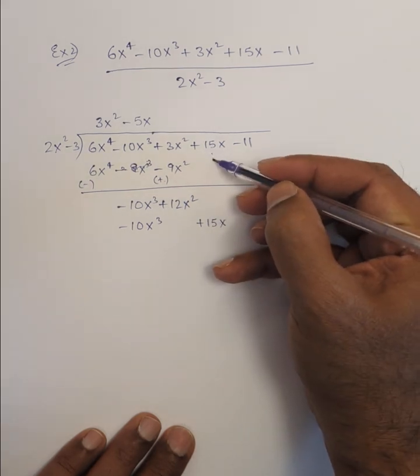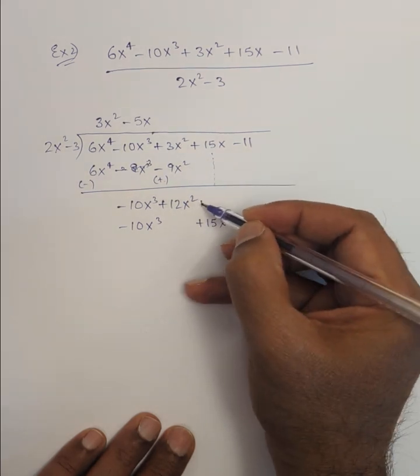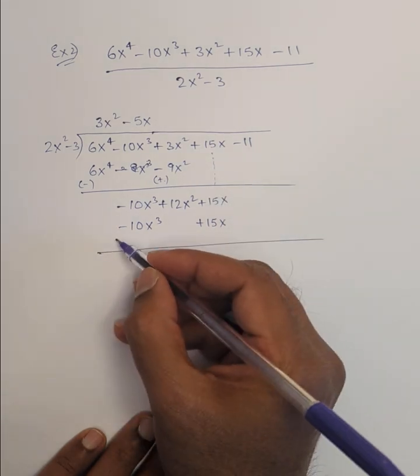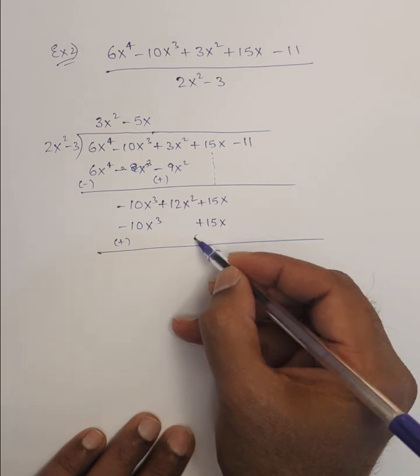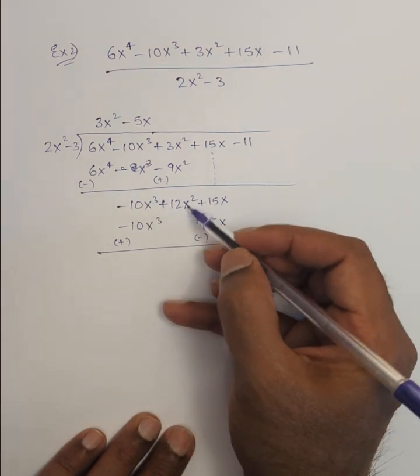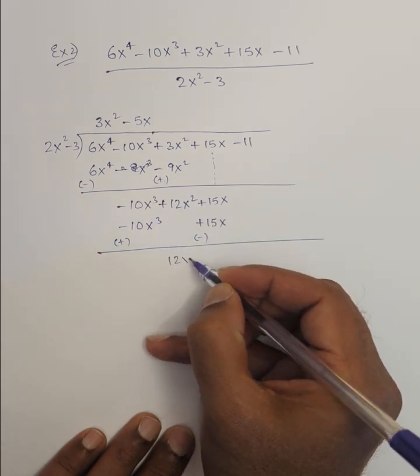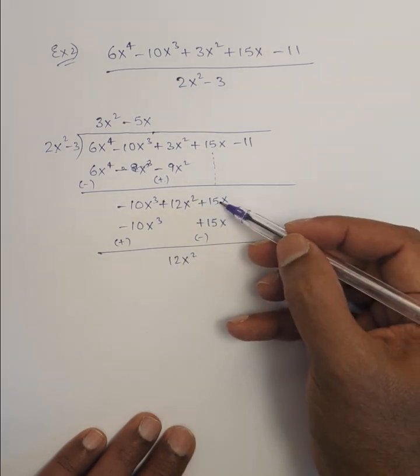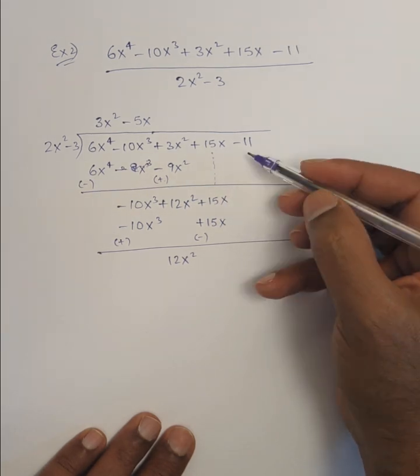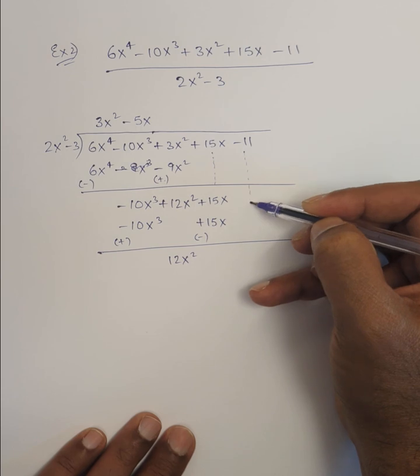And actually, I could have borrowed that plus 15x from up there. And now change the signs. Negative 10x cubed plus 10x cubed. That's gone. This 12x squared could be copied down. And 15x minus 15x, that is 0. So we don't write that.